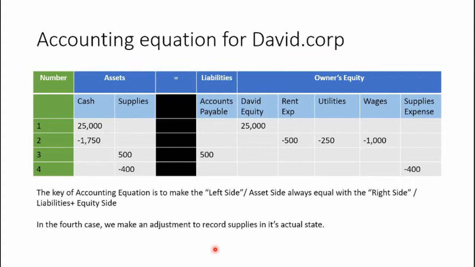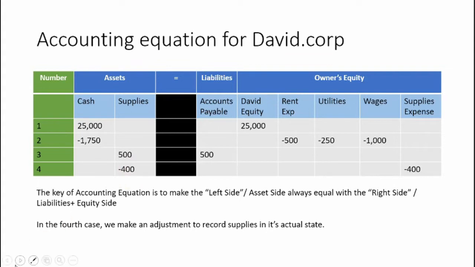So the accounting equation needs to record its actual state. In this case, the supply that remains is $100 in value, so we need to reduce what was previously recorded as $500 worth of supplies to $100.